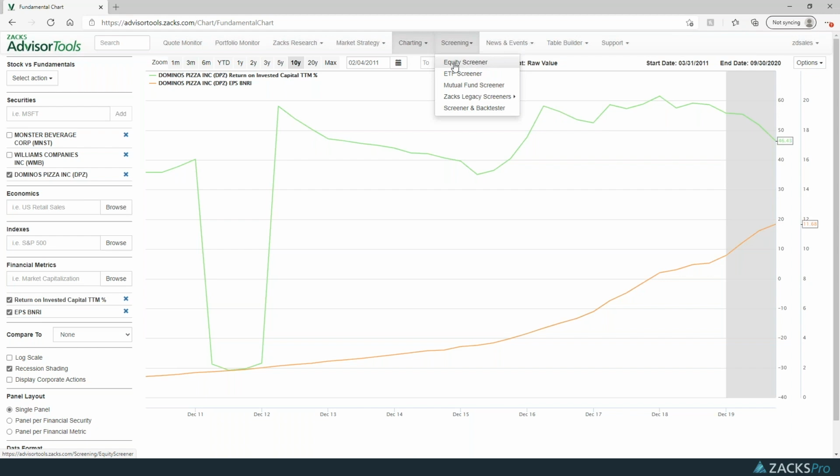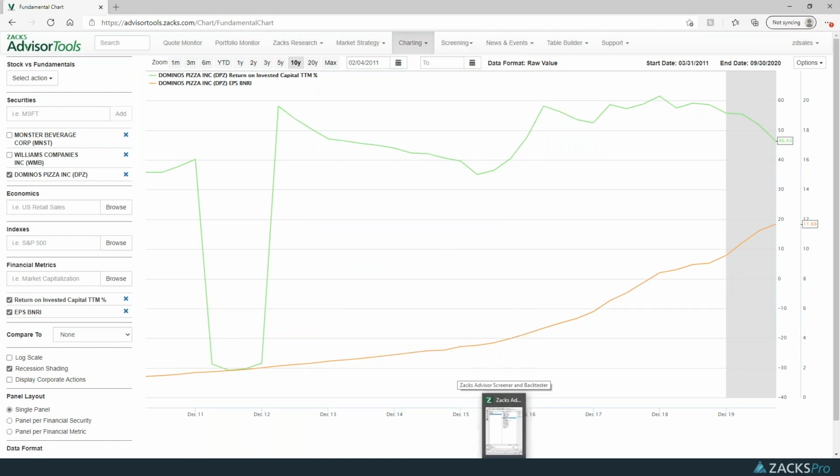It won't give you the ability to find long-term averages on ROIC. You can definitely use our basic screener to find companies that currently have a very high ROIC, but it does not give you the ability to find companies that have high ROIC delivered over a longer time frame. That does require this add-on, which is the screener and backtester.